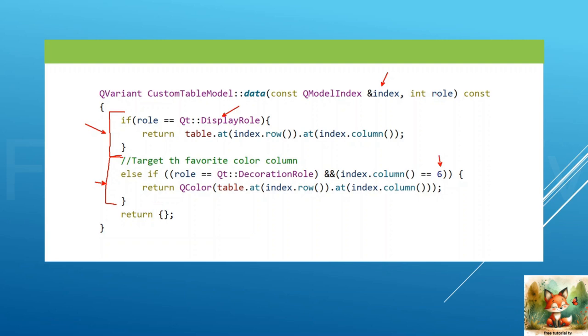And if the caller of this method happens to be looking for the decoration role, and we are dealing with the column 6, we will return the color to be used for decoration purposes in views that are using this model here. I really hope that makes sense. Now, if neither of these conditions apply, we are going to return an empty QVariant, and this is the syntax we use to do that.